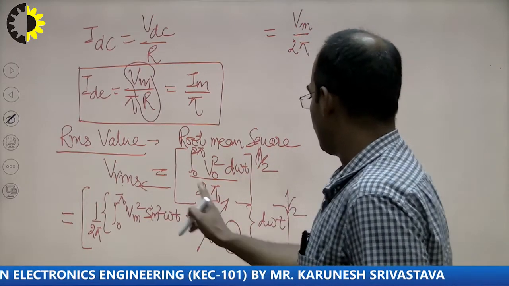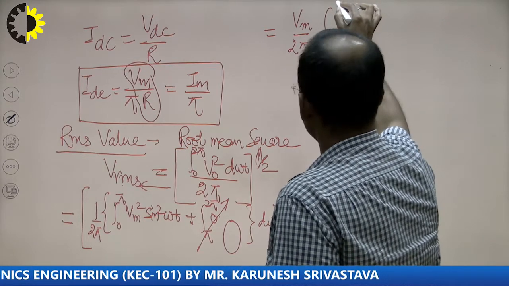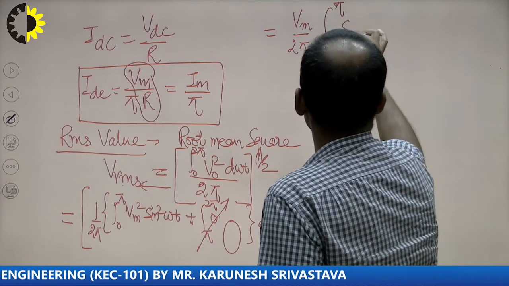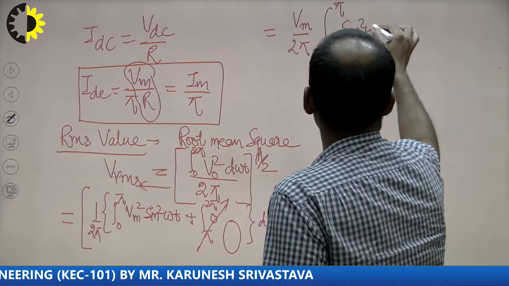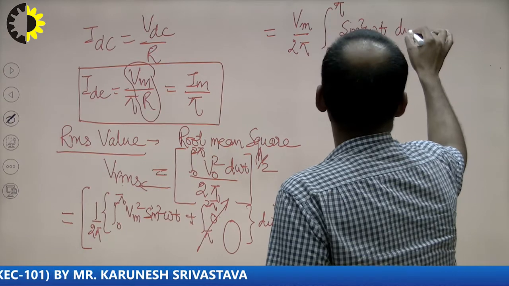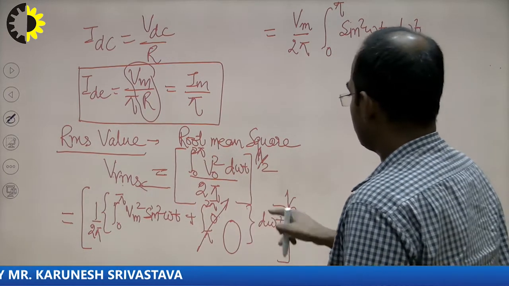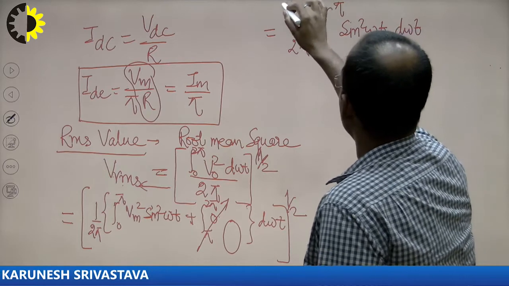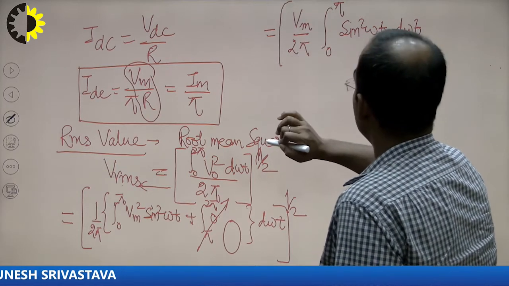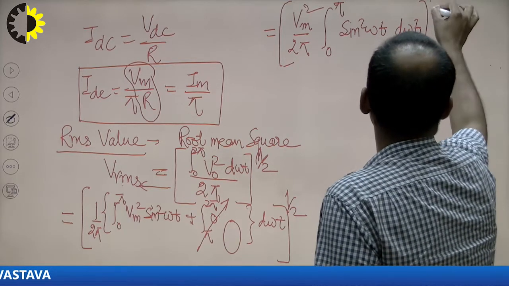Vm upon 2 pi, integral from 0 to pi of sin square omega t d omega t, to the power half.